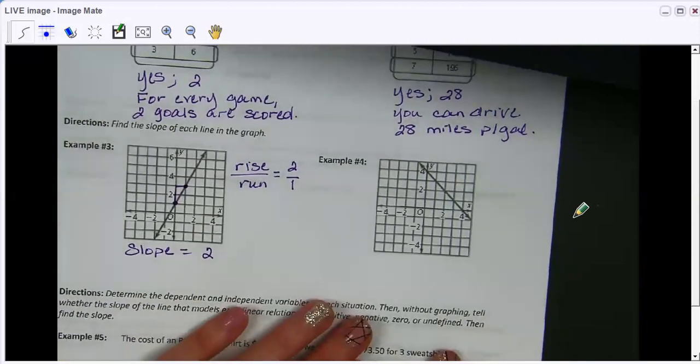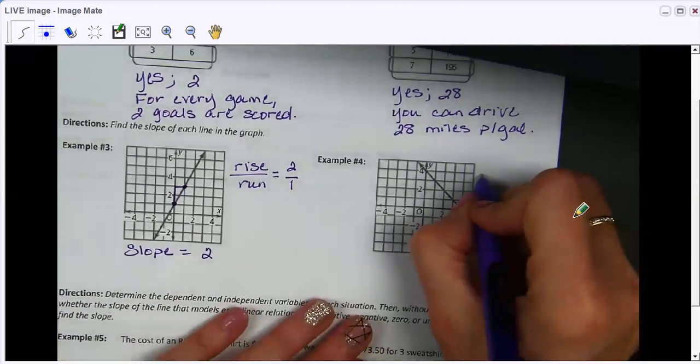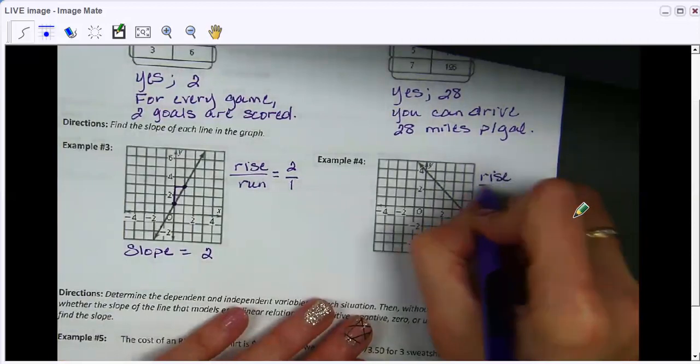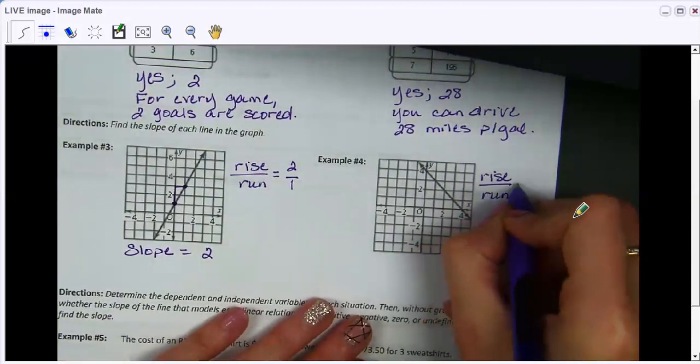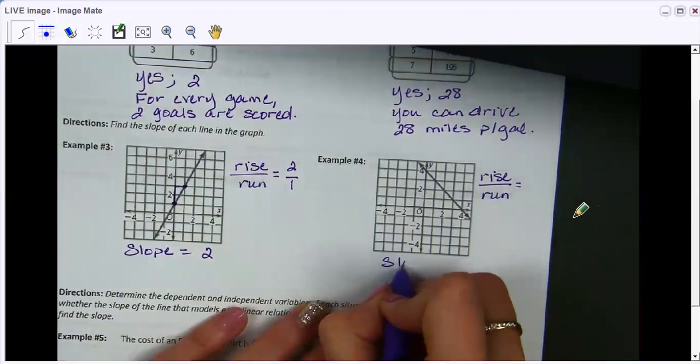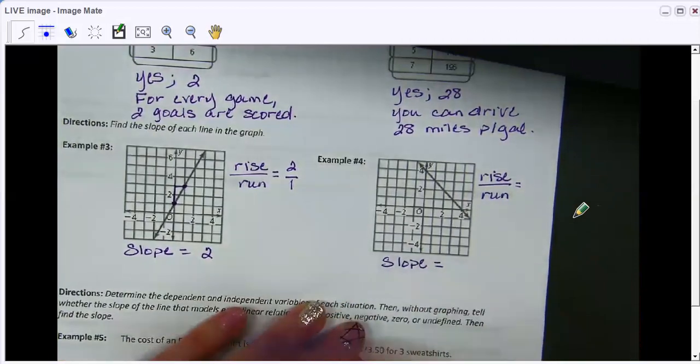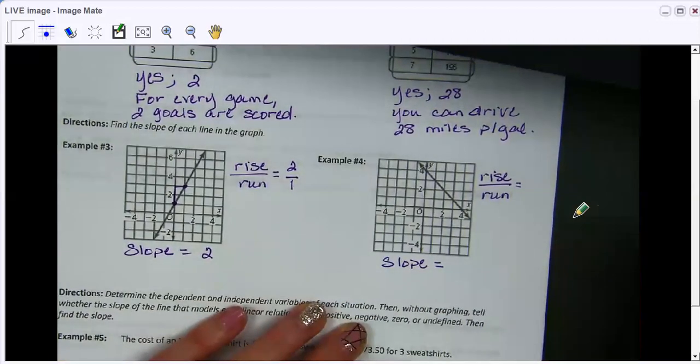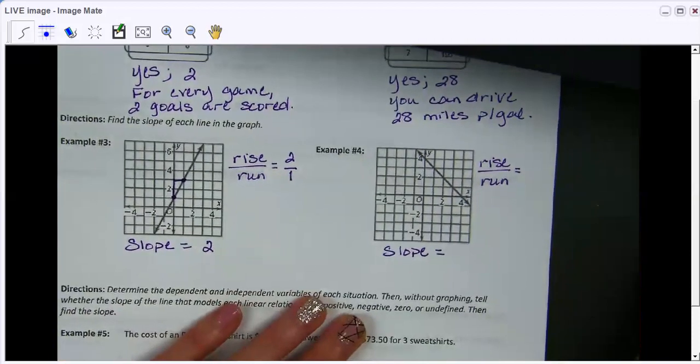Right, and I want you all to try example 4. Okay, anyone have your rise over run? Want to share it? Go ahead, AJ.